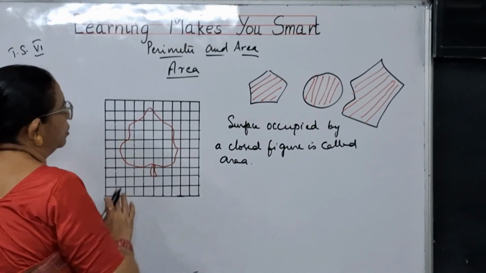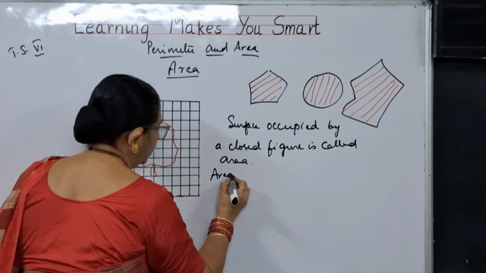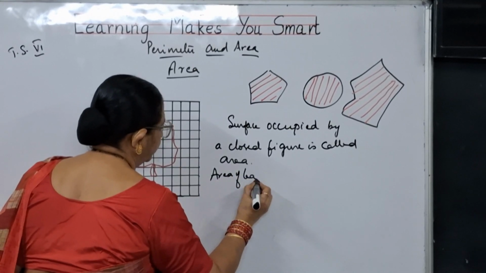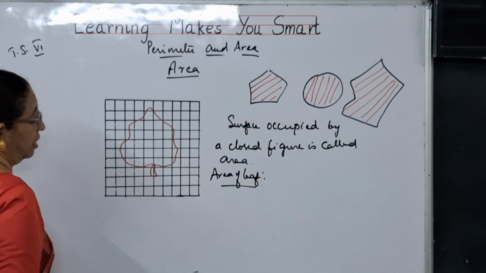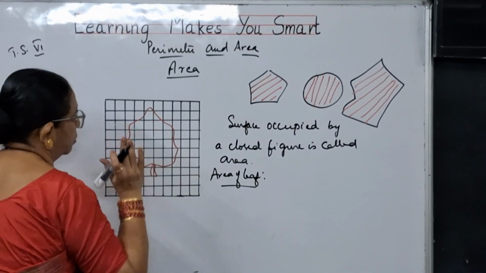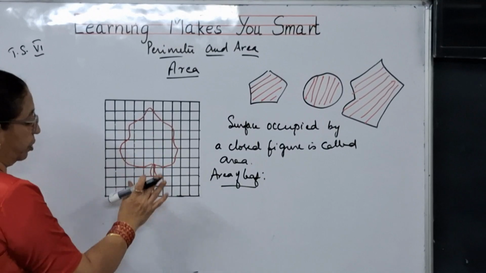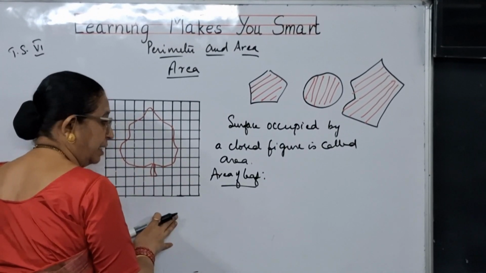Now, if you want to find the area of the leaf, here the leaf has no definite shape. So you keep it upon the square box, or you can call it a graph.